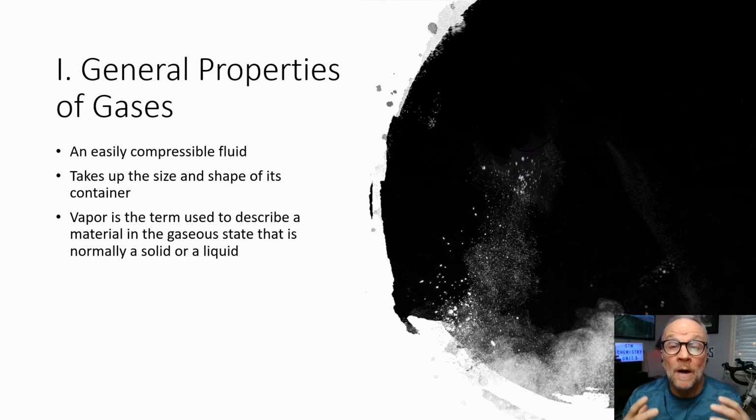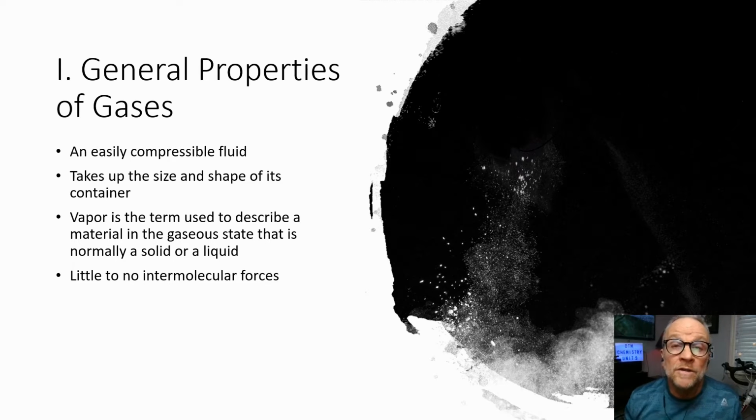If you put enough energy into water, you can create water vapor, or you can create vapors of other solids that are normally not in the gaseous state, but if you put enough energy in, you can vaporize them. So if something is not a gas at room temperature, when it's turned into a gas, it's known as a vapor.